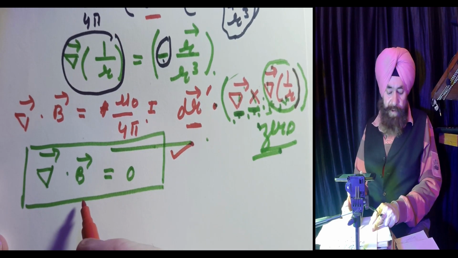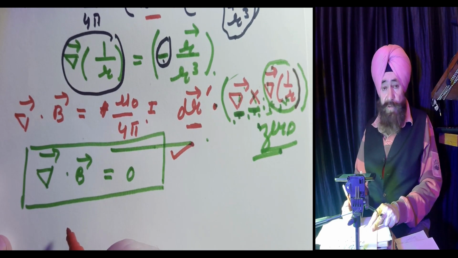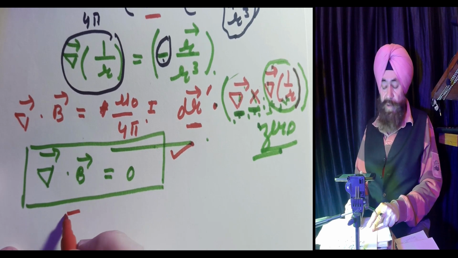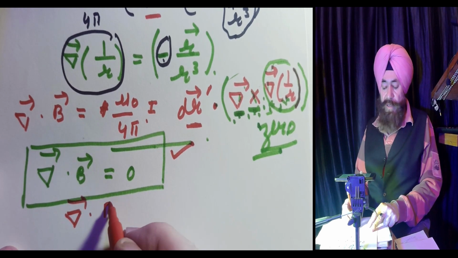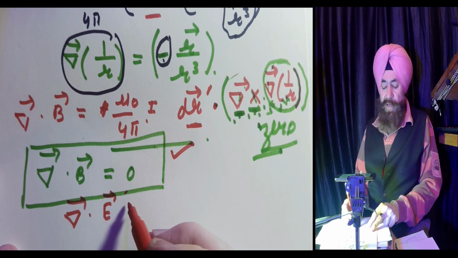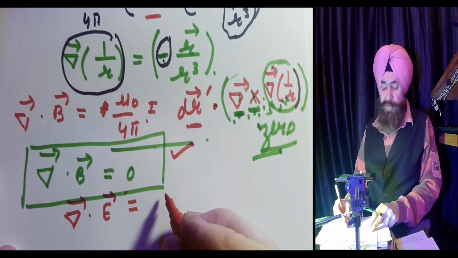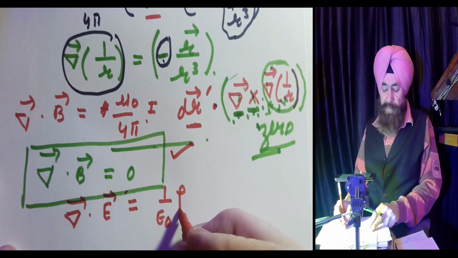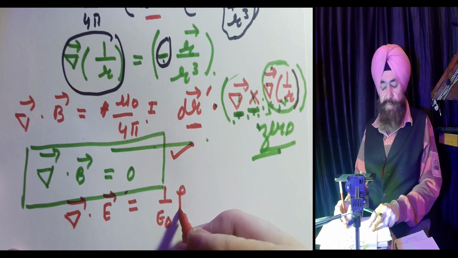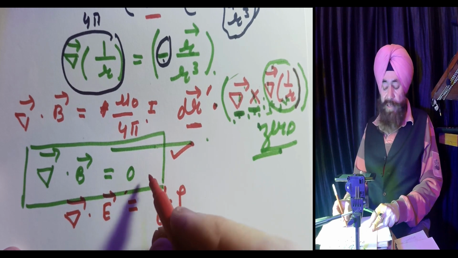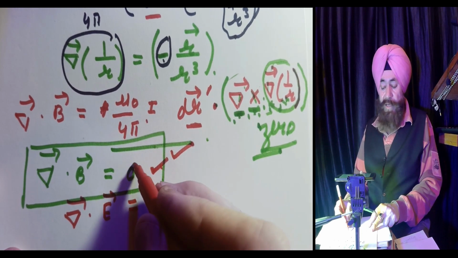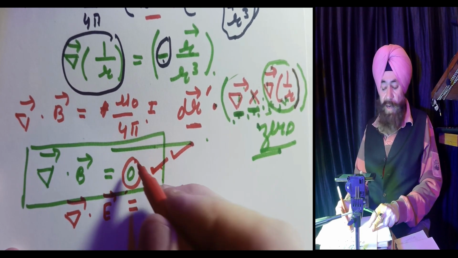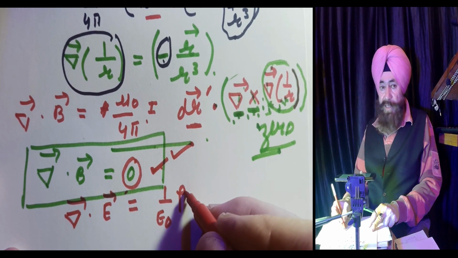Now what about the case of electrostatics? In electrostatics, del dot the electric field is equal to 1 upon epsilon naught times the charge density. That means in magnetostatics, we do not have any magnetic charge density.